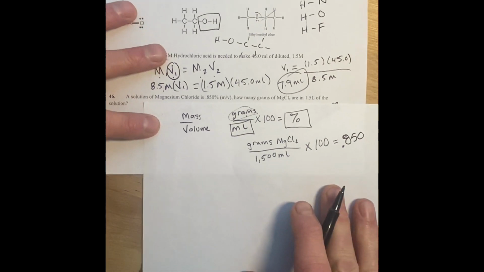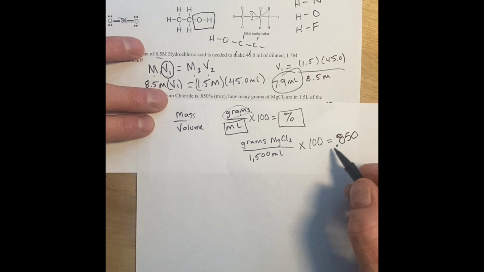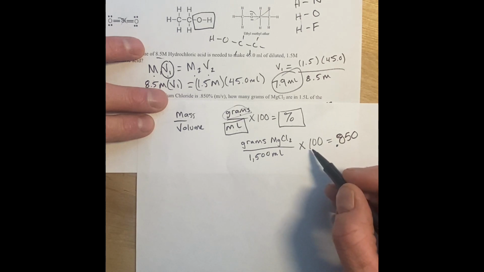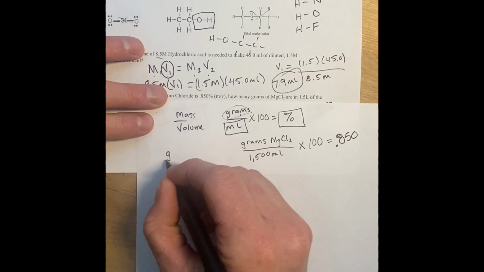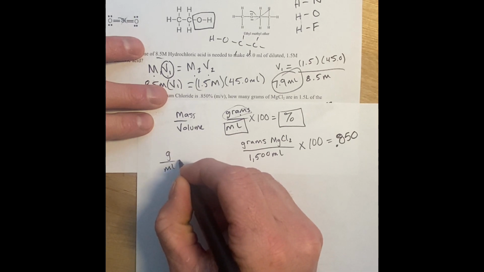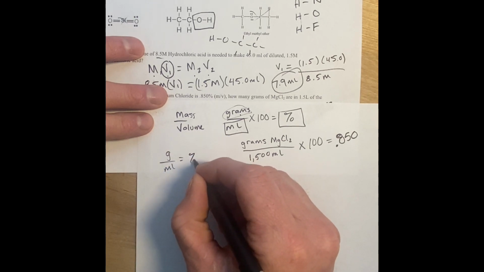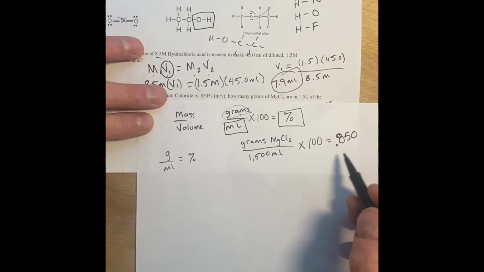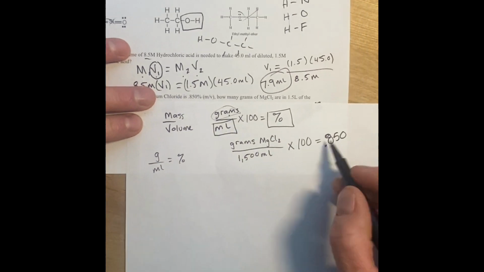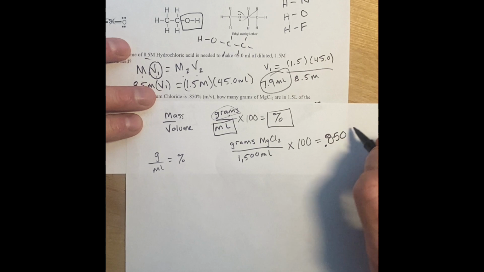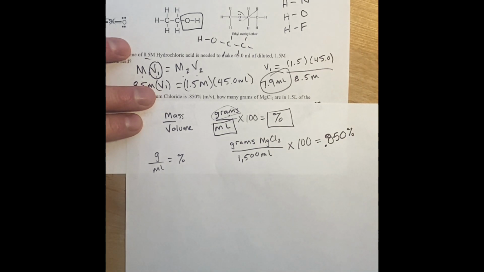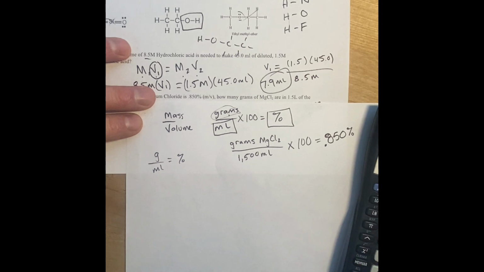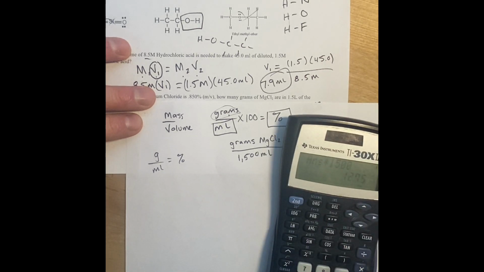Now, to do this more effectively, let's get rid of this times 100, because ideally I'd like to have this set up where we just have grams over milliliters equals the percent. We're going to turn our percent back into a decimal, and we do that by dividing everything by 100.